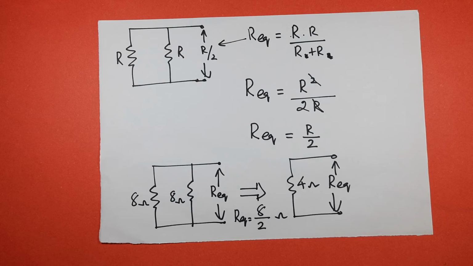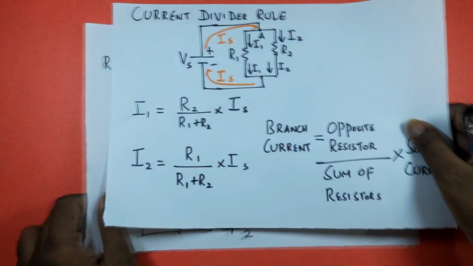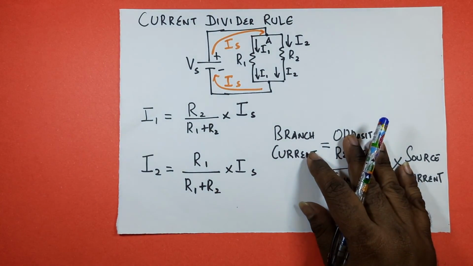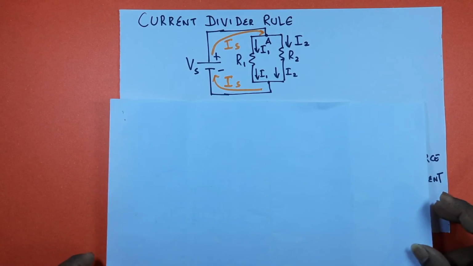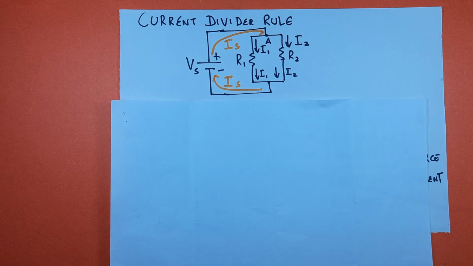Next we have the so-called current divider rule. This is applicable for parallel circuits. So here I have two resistors, R1 and R2, connected in parallel, and Vs is the source voltage.